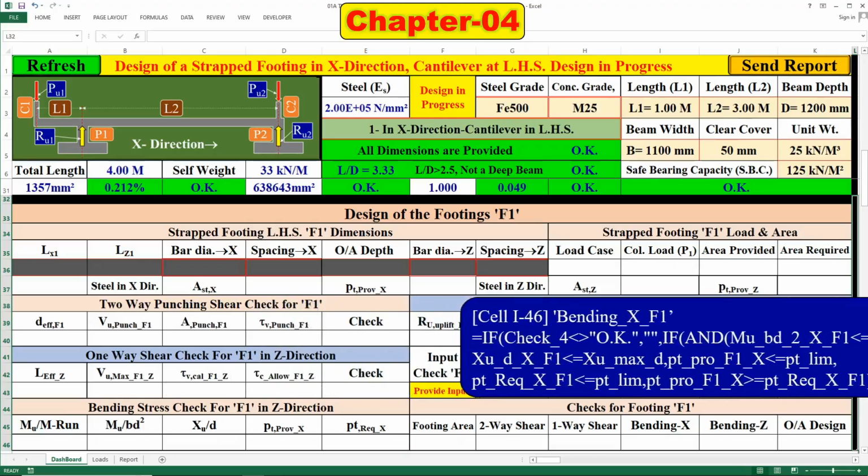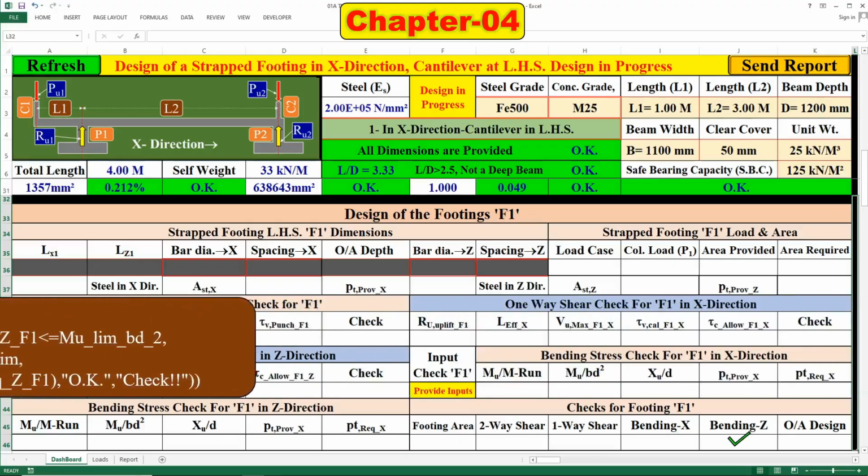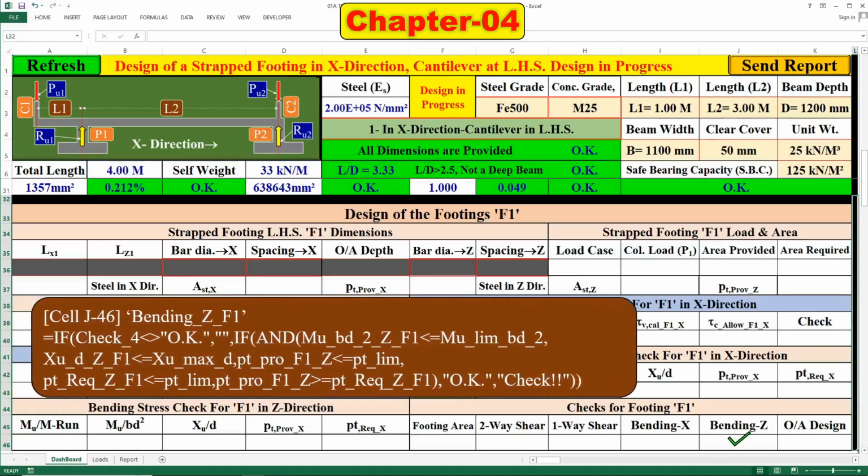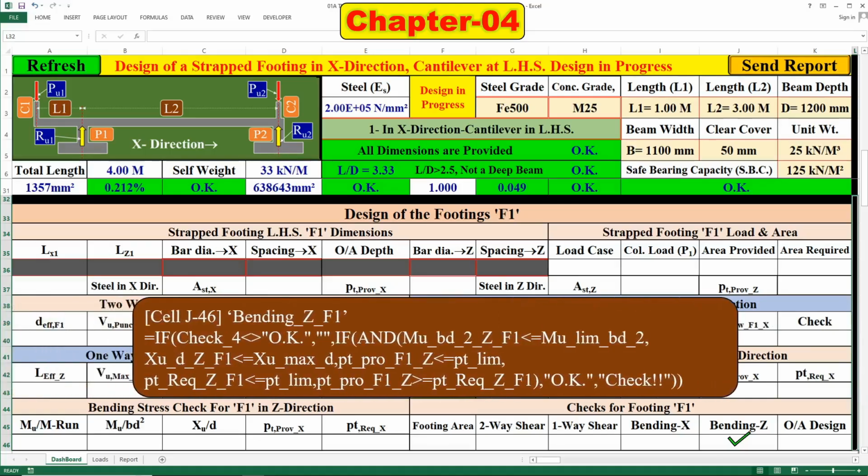Next is the check for bending in the Z direction in cell J46. The defined name of the cell is bending_Z_F1. Here, Excel will first check _4. If it does not find check_4 equal to OK, this cell will remain blank.